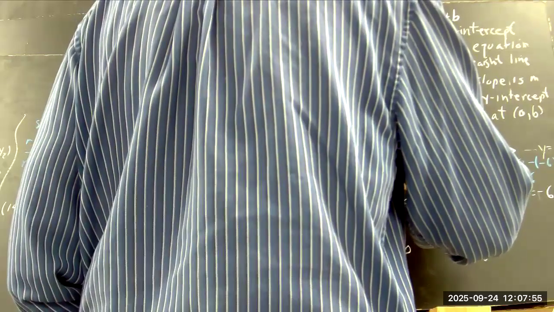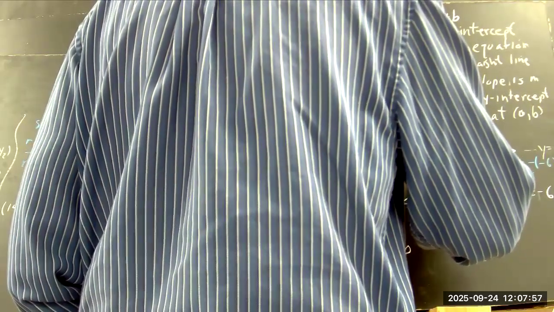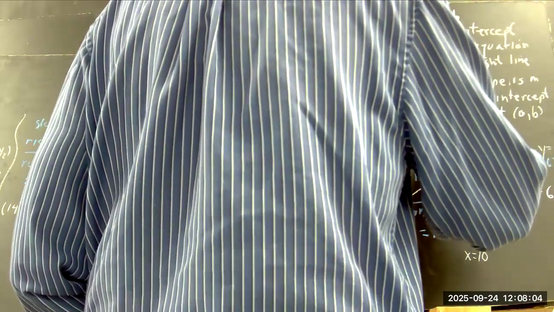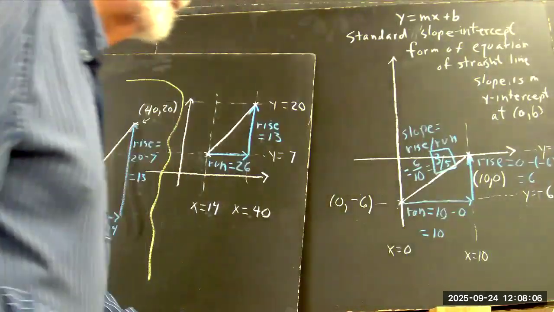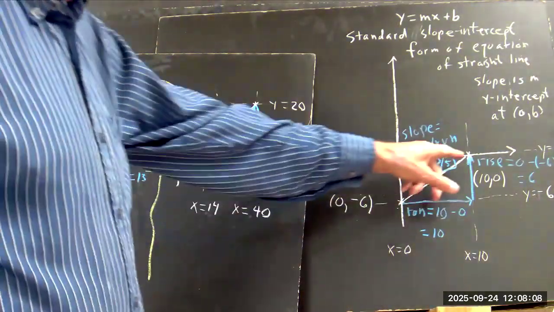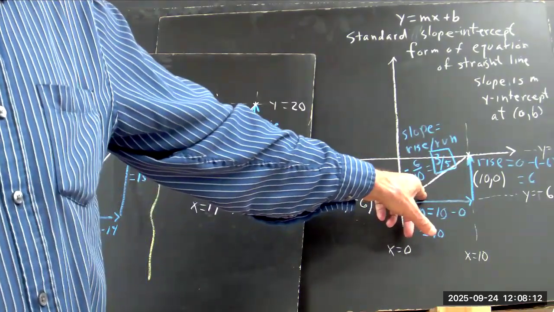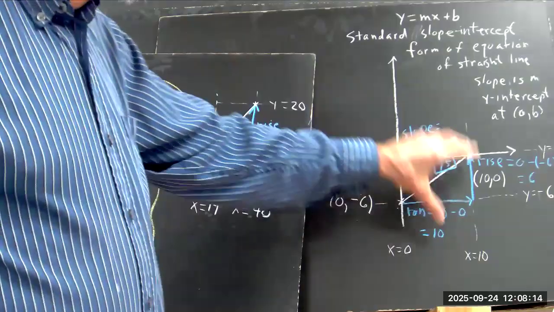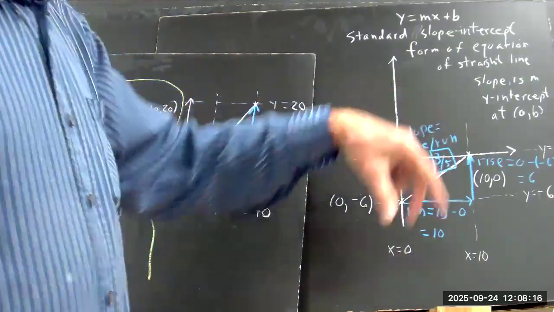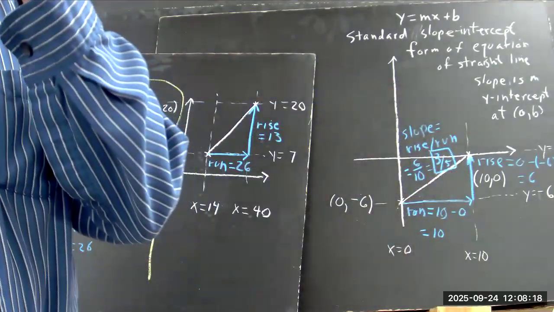Slope equals rise over run equals 6 over 10, which reduces to 3/5. So I put a big box around 3/5 and make sure that's sitting there on the hypotenuse on this line. And now I can see at a glance every detail of how I calculated the slope.